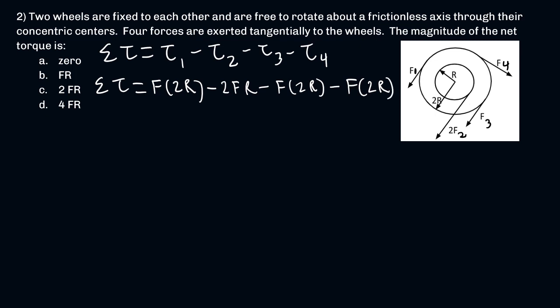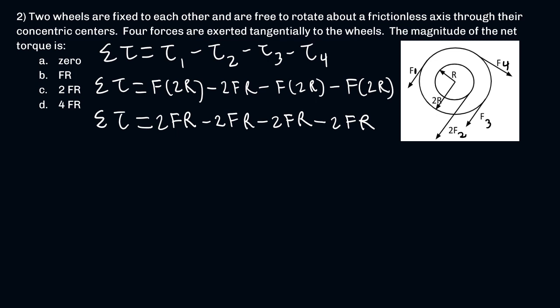All right, so let's do the algebra here, and this should be fairly quick to sum together our like terms. So let me just do the math real quick. For the sum of all torques, the first one, we're just going to have 2FR minus 2FR as well, minus another 2FR, and then minus another 2FR.